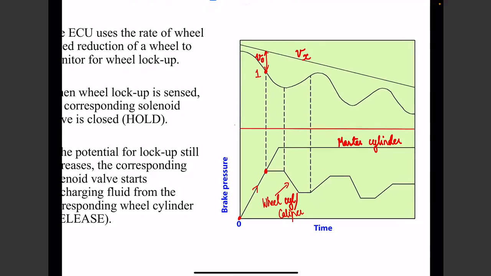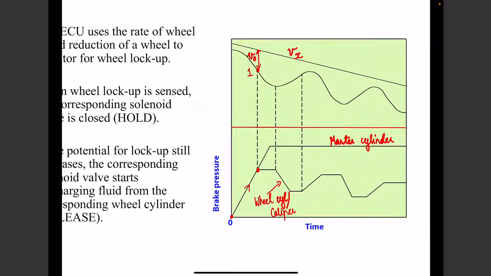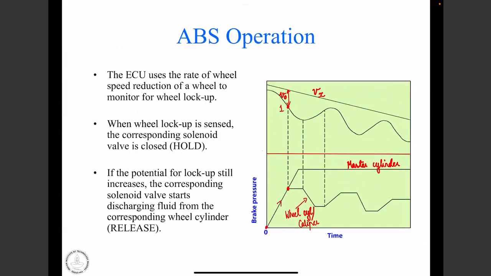Then we can't keep on increasing the wheel cylinder pressure, so we go into what is called a hold mode. When we go to the hold mode, although the master cylinder pressure is still increasing, we flatten the wheel cylinder pressure. So we disconnect the connection between the master cylinder and the wheel cylinder or the caliper.